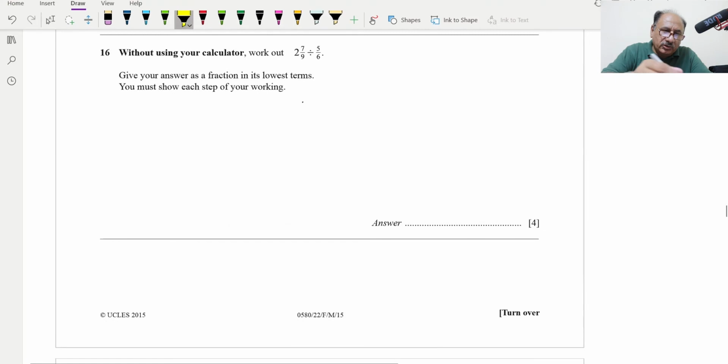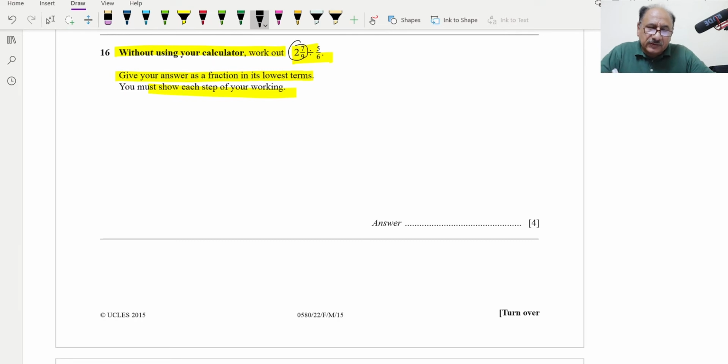Without using your calculator, work out this one. We have to give your answer as a fraction in its lowest term, and you must show each step of your working also. So what we will do, we will change this mixed fraction into an improper fraction.